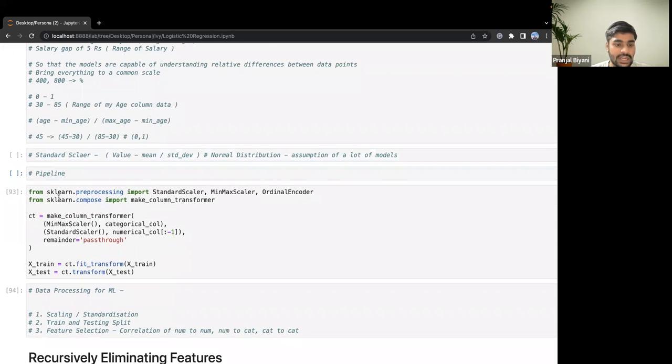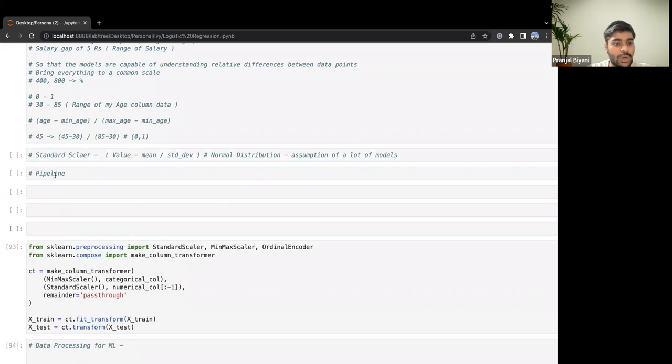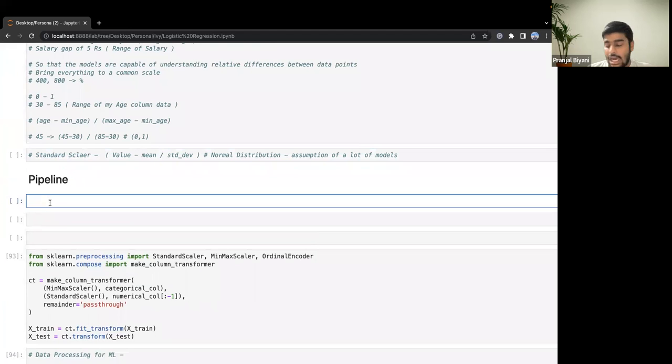Right? Now let me take you through an understanding of what is called a pipeline. When you are training your model on some data, that data has gone through a lot of processing.